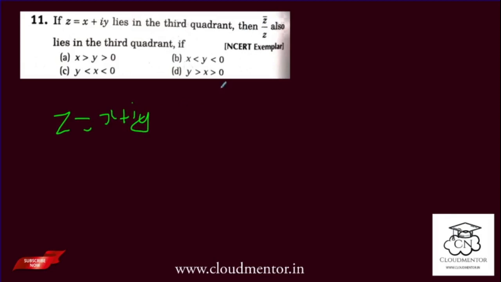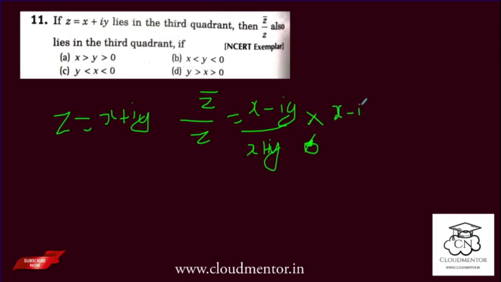Yes, we have to find conjugate of z by z, and conjugate of z is x minus iy, changing the sign, x minus iy, and that divided by z, which is x plus iy, right? Simplifying this by taking the conjugate of the denominator and multiplying it with denominator and numerator, so x minus iy by x minus iy.